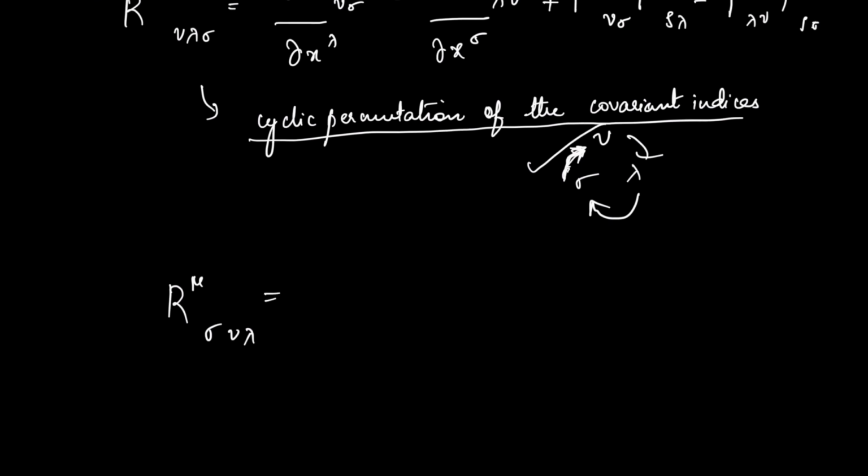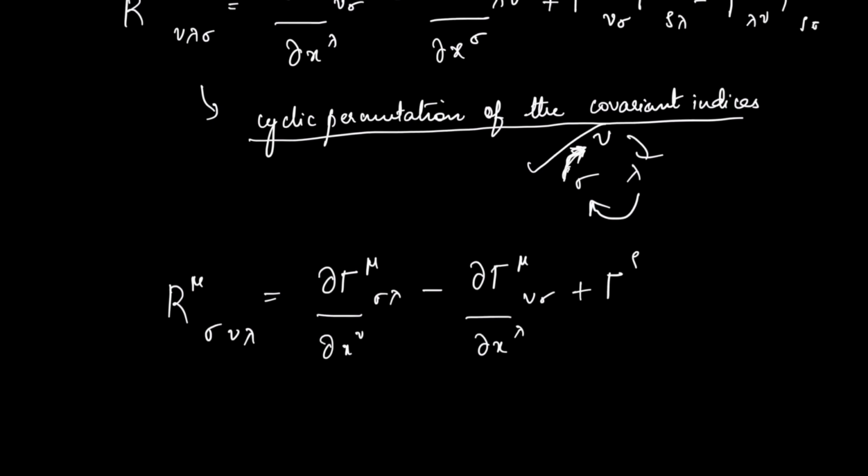Therefore it will become partial derivative of mu sigma lambda minus partial derivative of Christoffel symbol mu nu sigma with respect to x lambda plus Christoffel symbol rho sigma lambda, mu rho nu minus mu nu sigma, mu rho lambda.